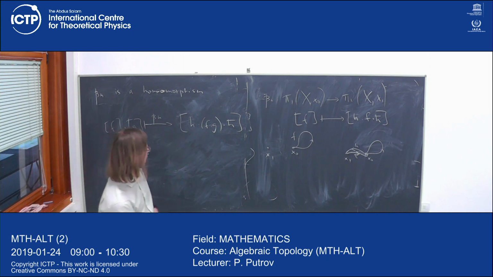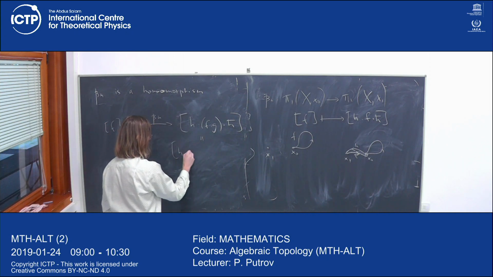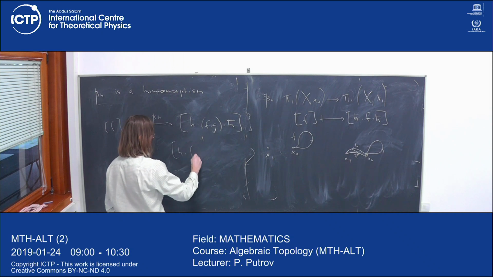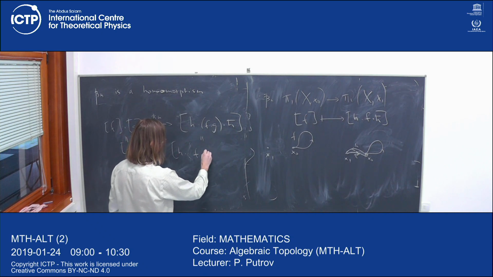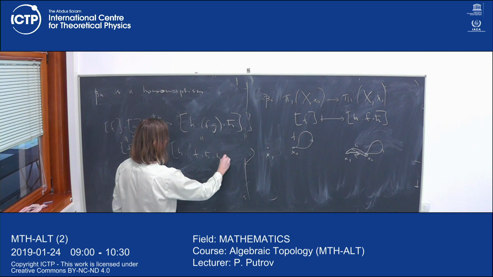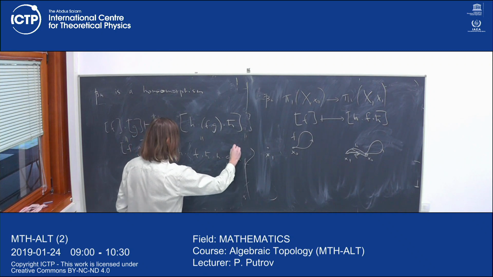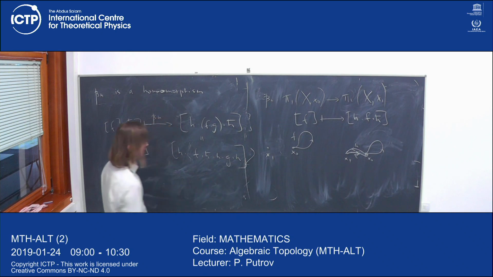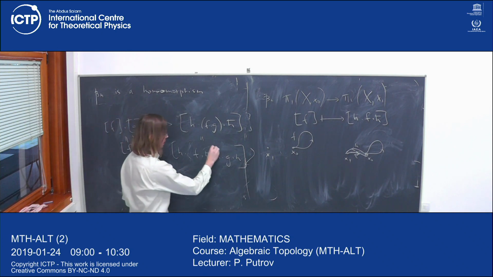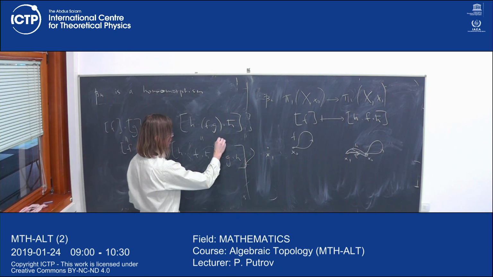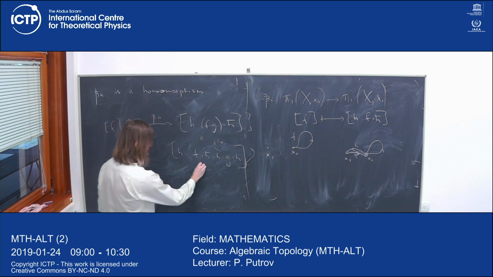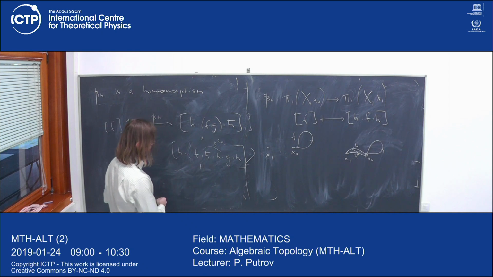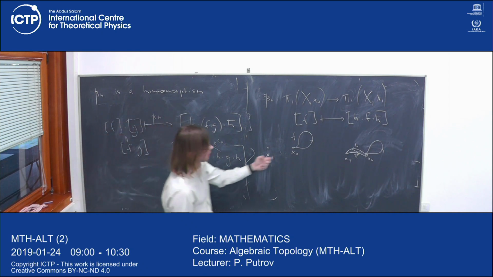So this is the definition. Then I want to go in a different direction. I first recombine brackets and insert the identity here, because this is homotopic to a constant one. And then I use the definition of multiplication in this group.